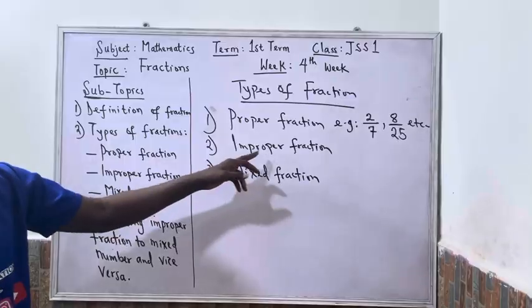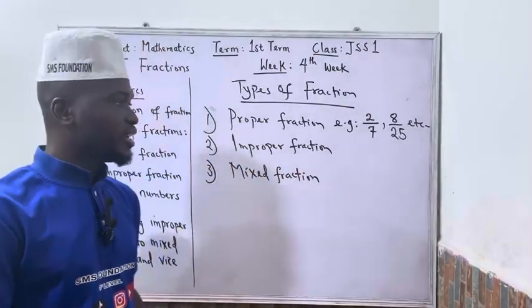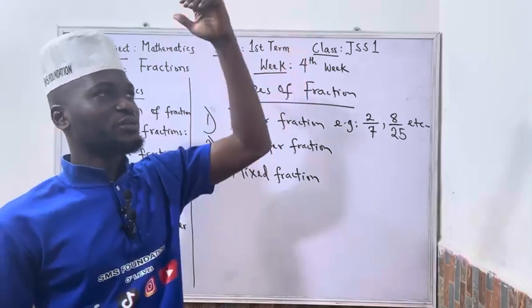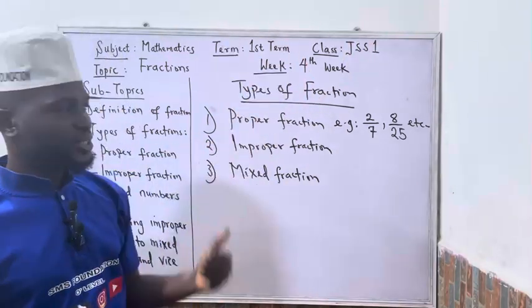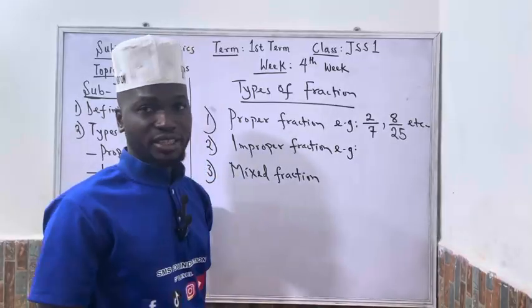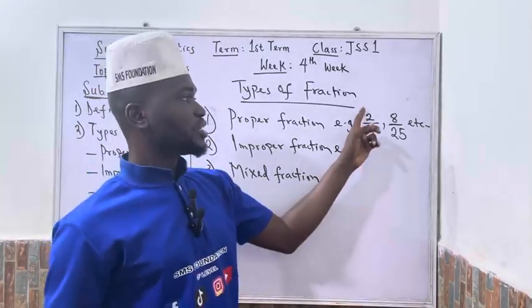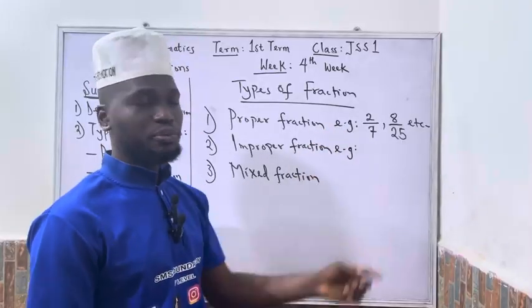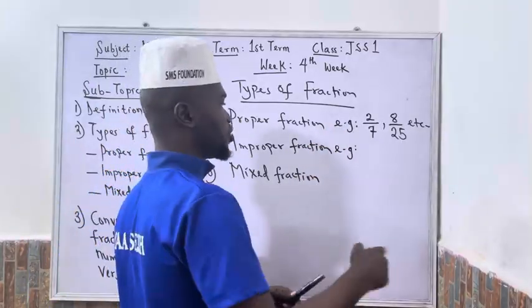Number 2, improper fraction. Now here you will have the numerator bigger this time around. So that means the numerator has to be bigger than the denominator. With all these fractions, I can get an improper fraction. Just flip the numerator to become the denominator.